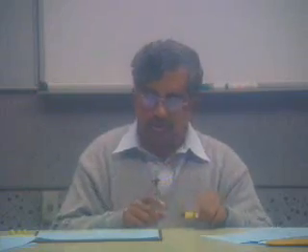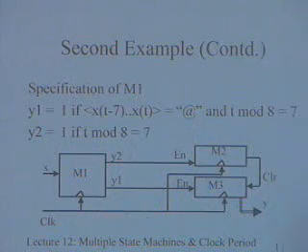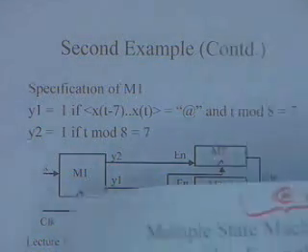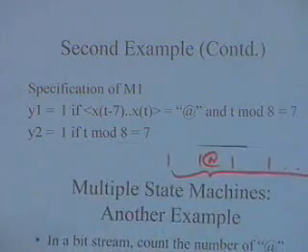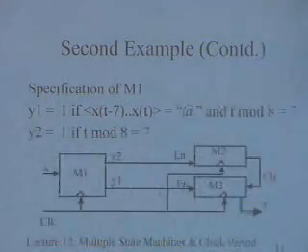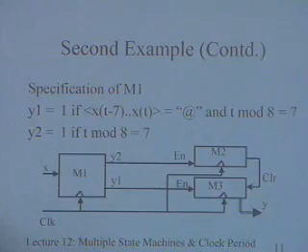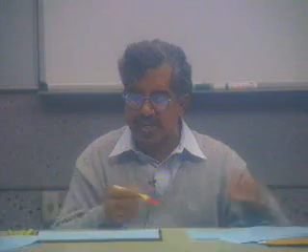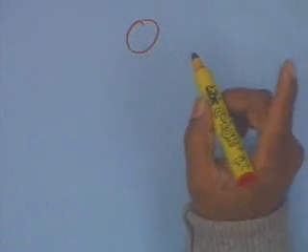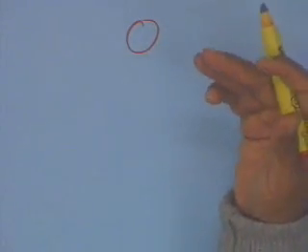So here I am showing you a design of this. Before that, let me tell you, when I am looking for an at character, I don't want to count the 8 bits separately. There is also a mechanism where you can have another machine to count 8 bits.